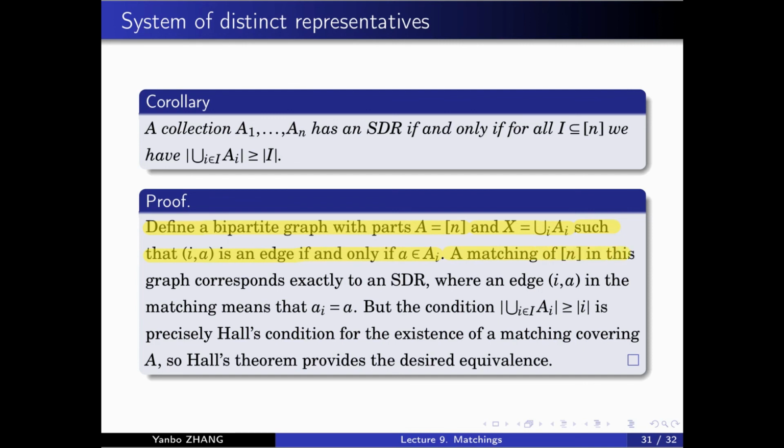A matching covering n in this graph corresponds exactly to an SDR, where an edge ia in the matching means that ai equals a. But the condition, the size of the union of Ai is greater than or equal to the size of I. Sorry, here I should be uppercase. It should be an uppercase I. This is precisely Hall's condition for the existence of a matching covering A. So Hall's theorem provides the desired equivalence.